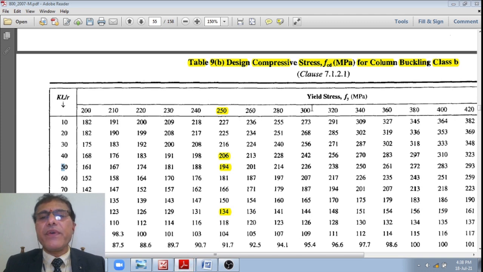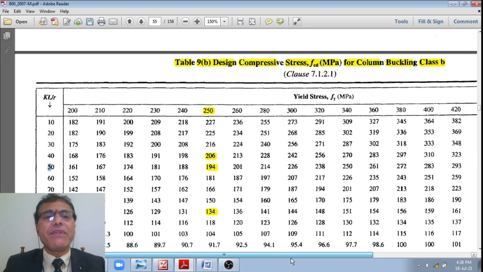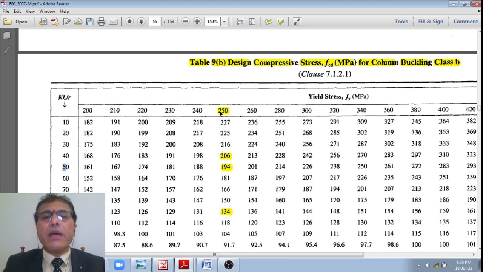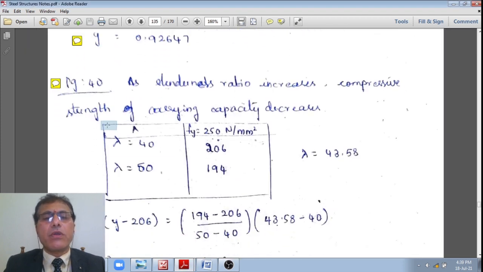I need to interpolate for fy equal to 250. You can see the yield stress of steel is given from 200 to 540. Therefore, I am at fy equal to 250. For lambda equal to 40, fcd is 206, and for lambda equal to 50, fcd is 194. Now I'll interpolate.